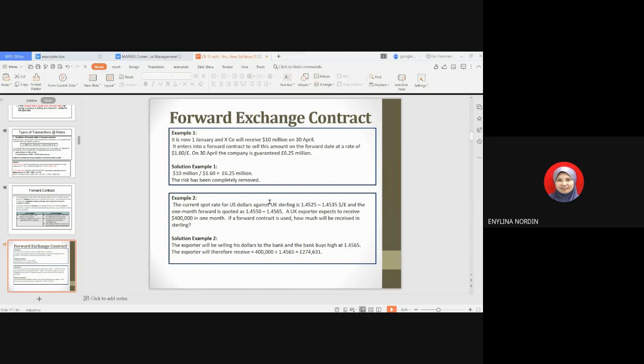Let's say the rate on 30th April is 1.5, then you cannot use 1.5. You have to use 1.6. This is the rate that you agreed earlier and specified in the forward contract. So you cannot use another exchange rate unless you are not entering into the forward contract, then you are free to use it.